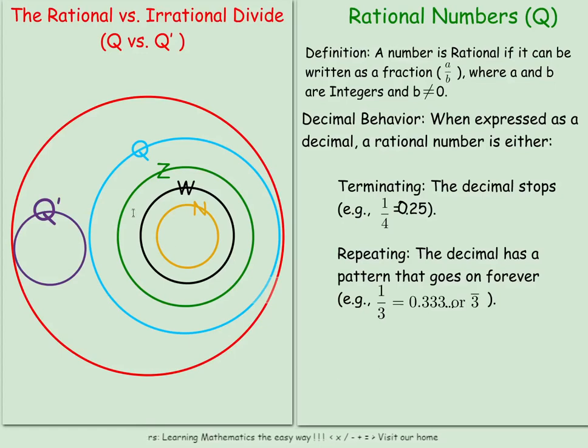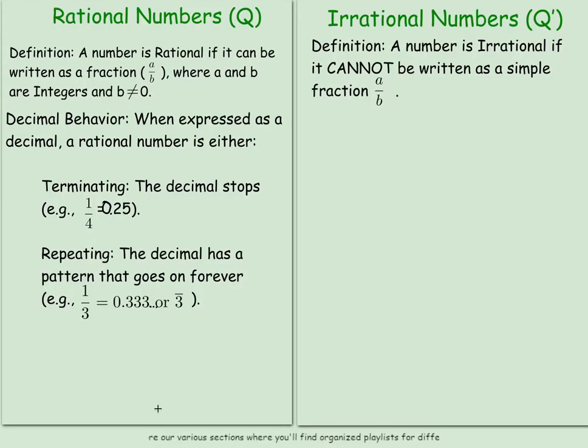But on the other hand, there is this group of numbers we call irrational numbers, which we will be looking at in a bit. They have a different decimal behavior. So let's look at what irrational numbers are. An irrational number is a number that cannot be written as a simple fraction.